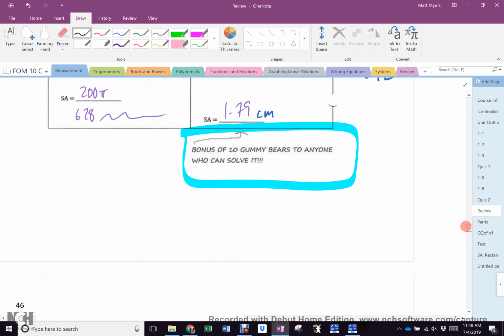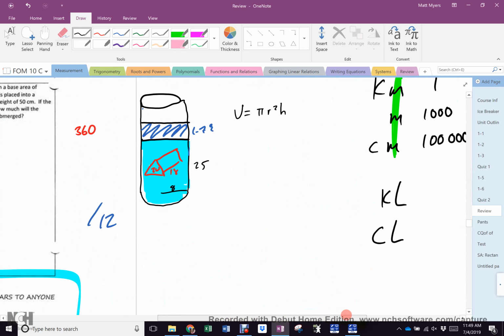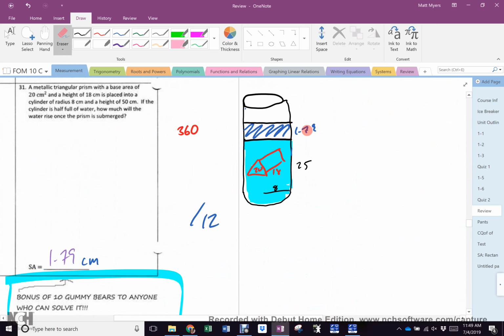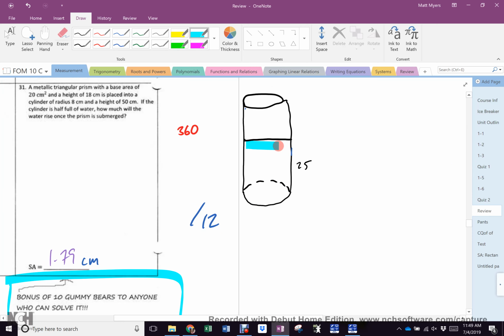It's out of 35. Now, the gummy bear question, you solve it like this. Again, I recommend watching me go over this because the math is good to see, so you can see other ways to think about these problems.